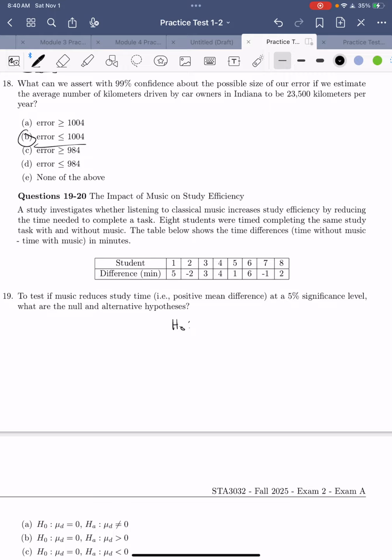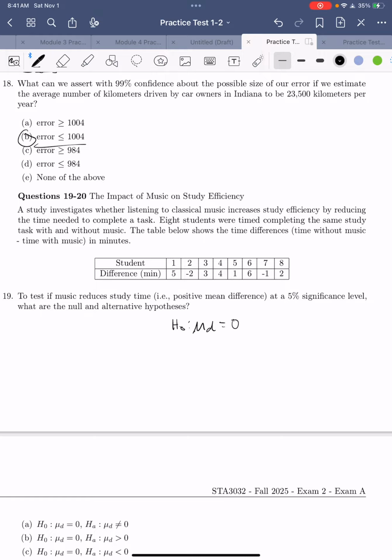So our null hypothesis should be that our mean difference should be equal to 0, if we want to say that our study time is equal for each.